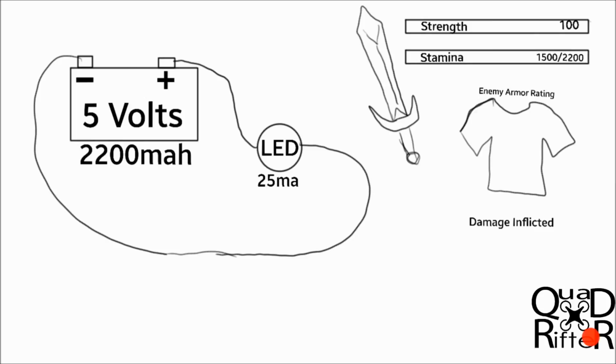Now that is completely theoretical. Again, there's outside factors and internal factors that could possibly have an effect on what you're trying to do. But it's the simplest way that I can explain things.